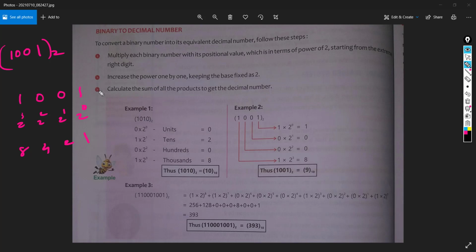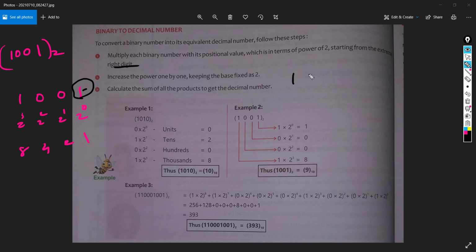Okay, let's see how. Students, we have 1001. According to the rule, we start from the extreme right digit. Extreme right means the LSD, least significant digit.